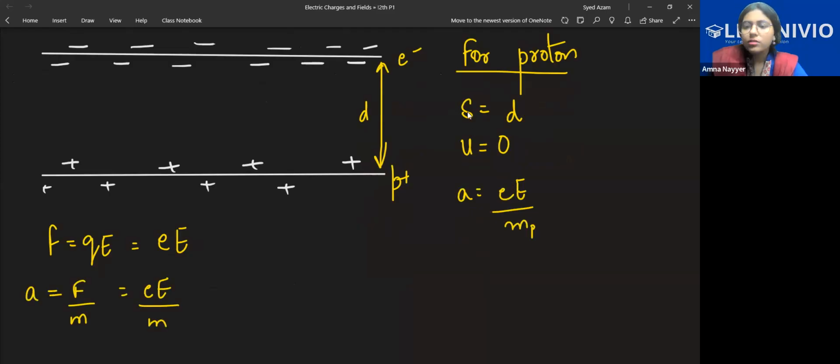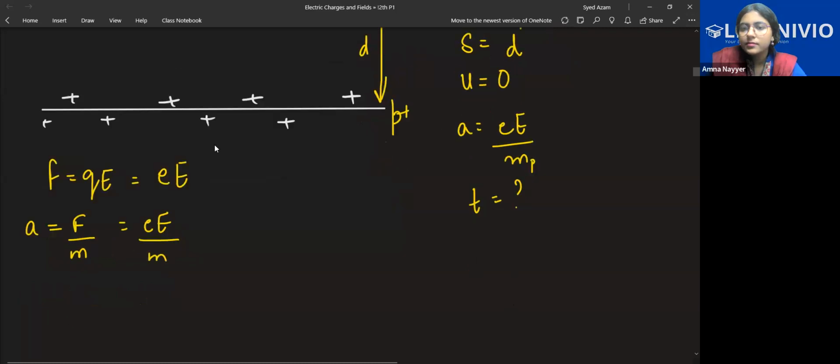Now, I want to calculate the time period. Which equation of motion is suitable? If you look at all the variables that we have obtained, out of all the three equations of motion, uniformly accelerated equations of motion, class 11th, by looking at these variables, which equation do you think is appropriate? That will give you the value of t.